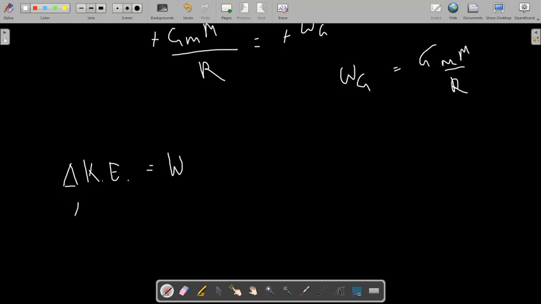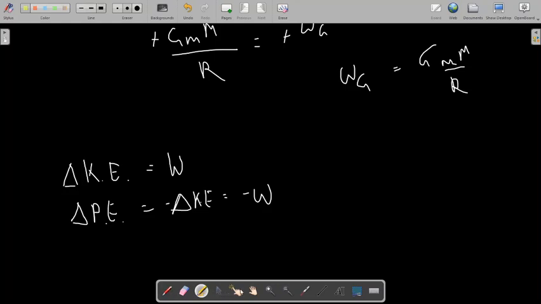We can also say this as the change in potential energy equals the negative of the change in kinetic energy. And since the negative of the change in kinetic energy is the same thing as the negative work, the change in potential energy equals the negative work done by the force.